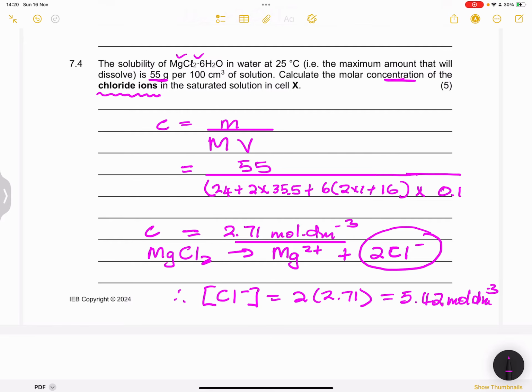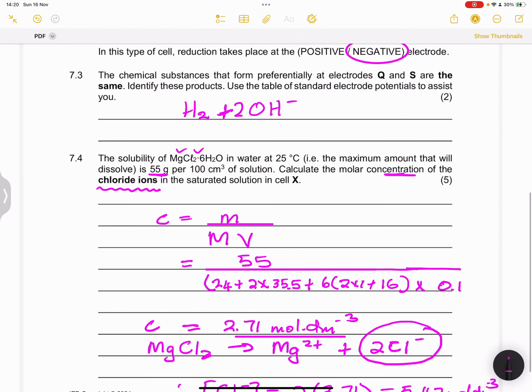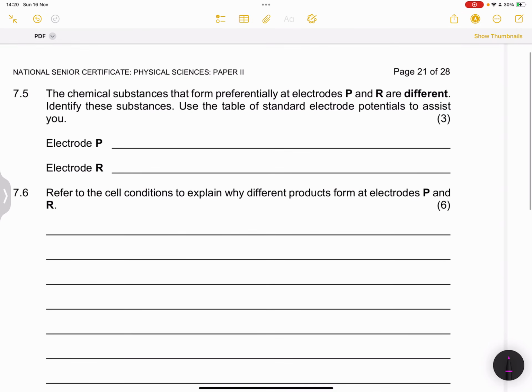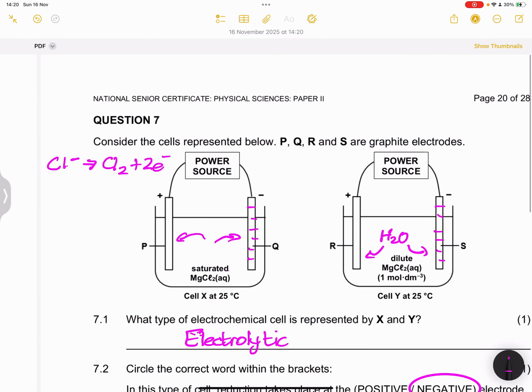Right, and that's how the cookie crumbles, ladies and gents. I hope that makes sense. Right, so that's the amount of magnesium chloride, the chloride ions. Right, now let's go on to the next question. They say the chemical substances that form preferentially at electrodes P and Q are different. Identify these substances, use the standard electrode potential to assist. Now, this is exactly what I was explaining earlier, right?